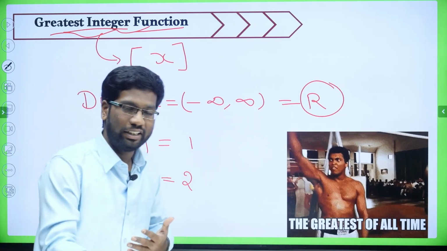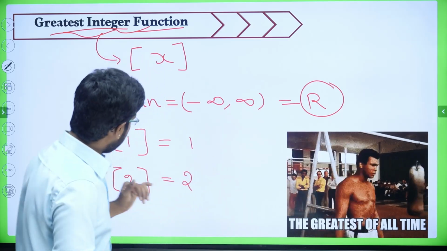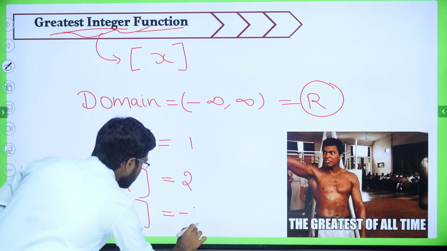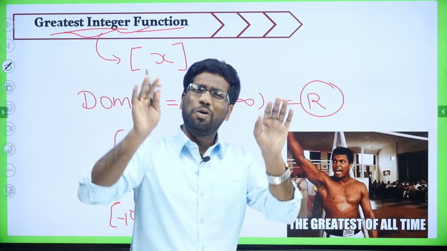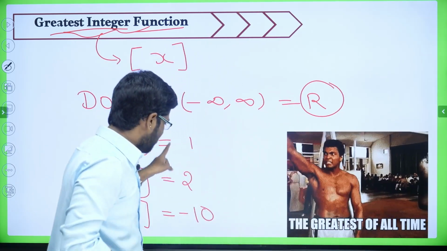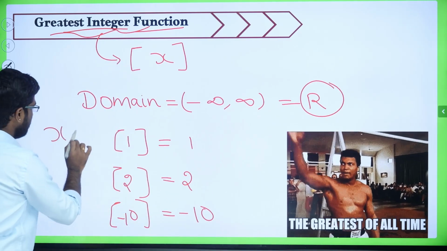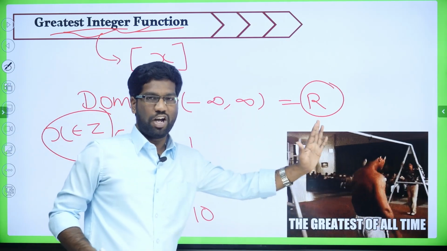If I take 10, it gives 10. If I take minus 10, for whatever integer values, whether positive or negative, it always gives me the same value. Only for x belongs to integers, it gives me the same value.